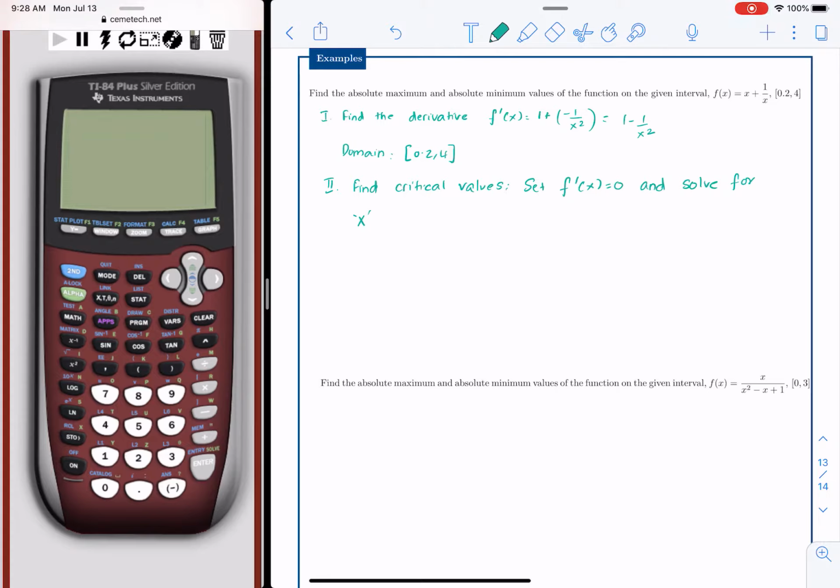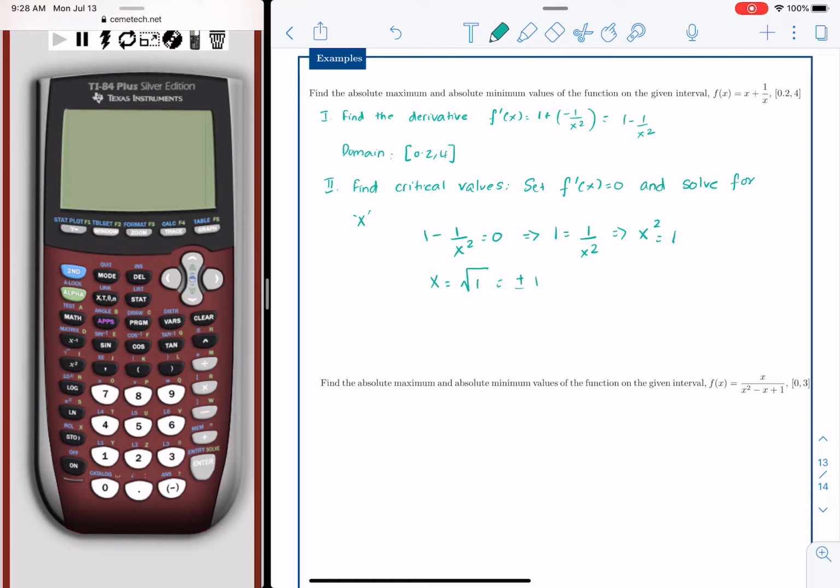So we would have 1 minus 1 over x squared equals 0, which would imply 1 equals 1 over x squared. So x squared would equal 1. Since x squared is equal to 1, x would be equal to the square root of 1, which would give us plus or minus 1.